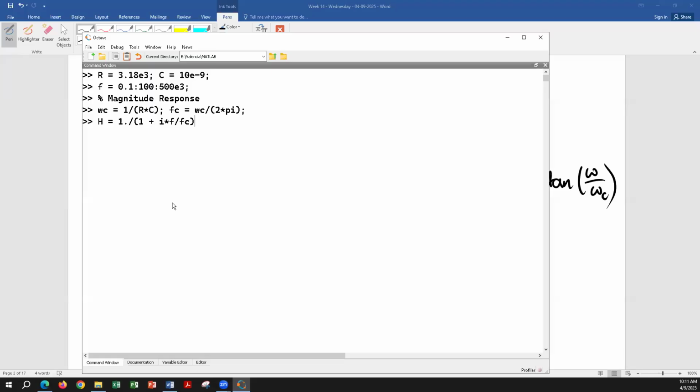F over FC, you don't have to put a period because FC is just a scalar value. So this is going to calculate all the points for the transfer function in complex form from 0.1 F value all the way up to 500 kilo F value. And you don't have to display those, that's why I put a semicolon.